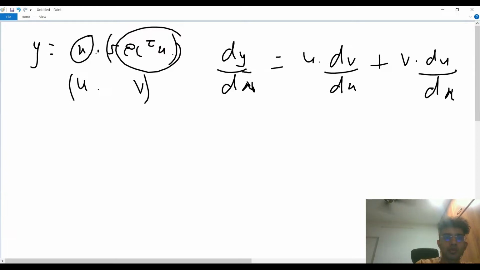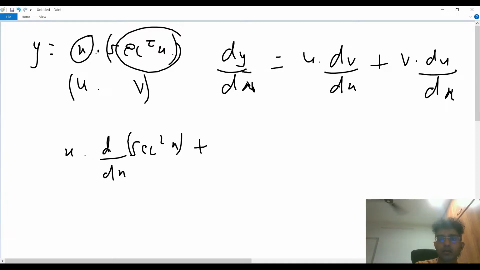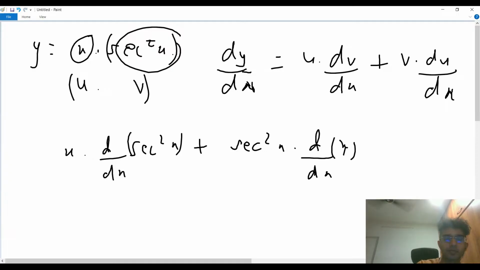So what is u? X into d by dx of sec square x plus sec square x into d by dx of x, right? So x into what is d by dx of sec square x? It's basically 2 into sec x, right?